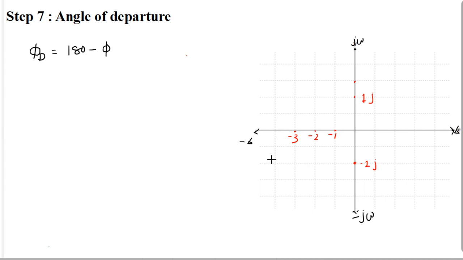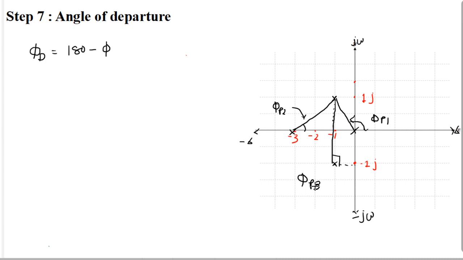Then I am plotting minus 1, that is one pole, and there is also another second pole. First I am joining this pole, that is our 0 and minus 3 in our case. Okay, joining this complex pole and also here. Okay, so you can measure by protractor and get phi p1, phi p2 and phi p3.